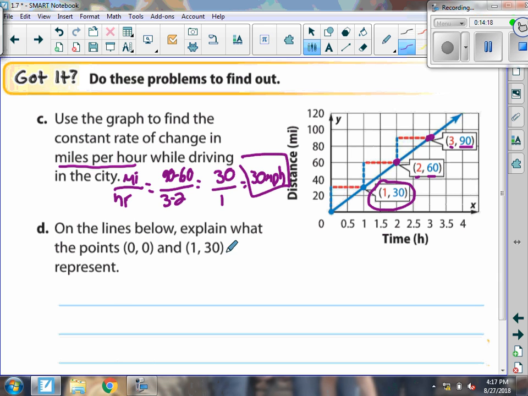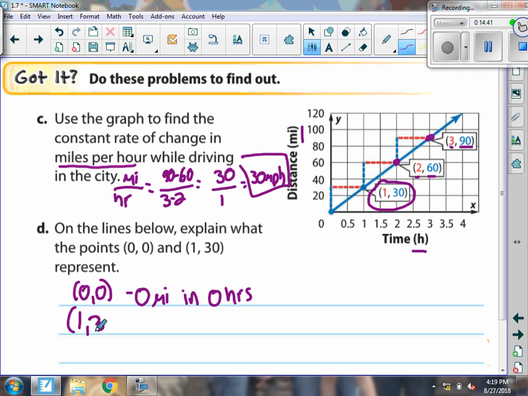On the lines below, explain what the points (0, 0) and (1, 30) represent. So (0, 0) represents, again, not the origin, it's our distance and our time. So 0 miles in 0 hours.